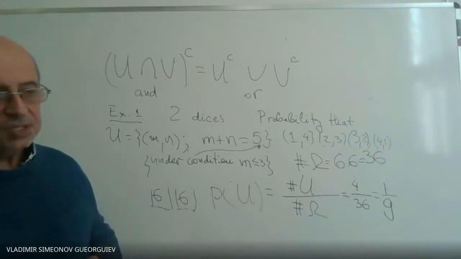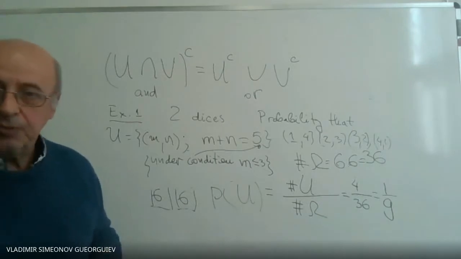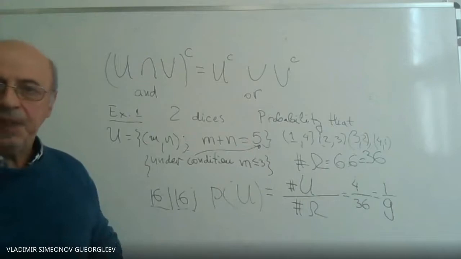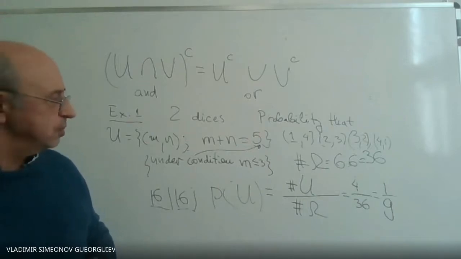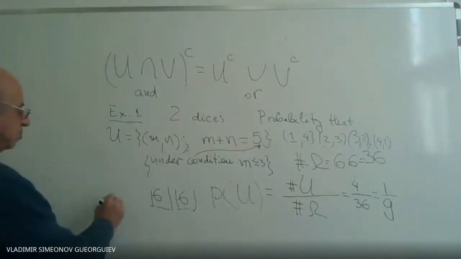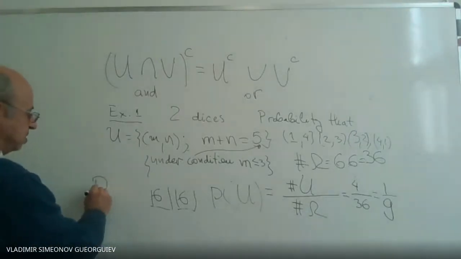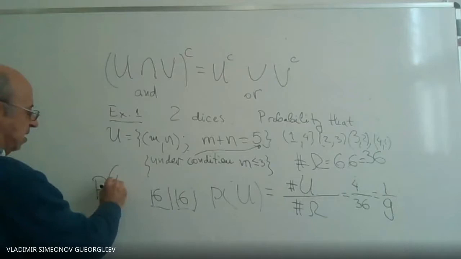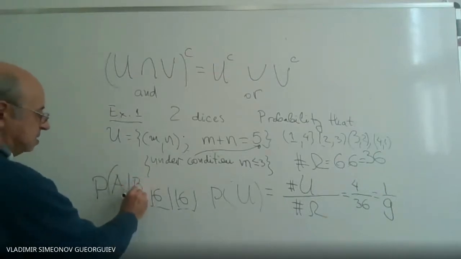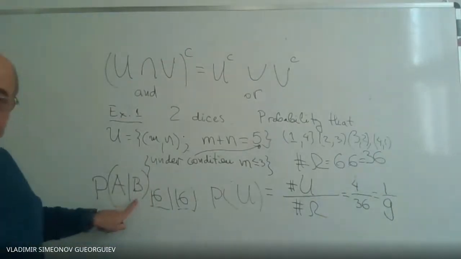So this is so-called conditional probability, and the next lecture shall be connected with this. Namely, we shall try to compute the probability of event A, provided we have some condition B.